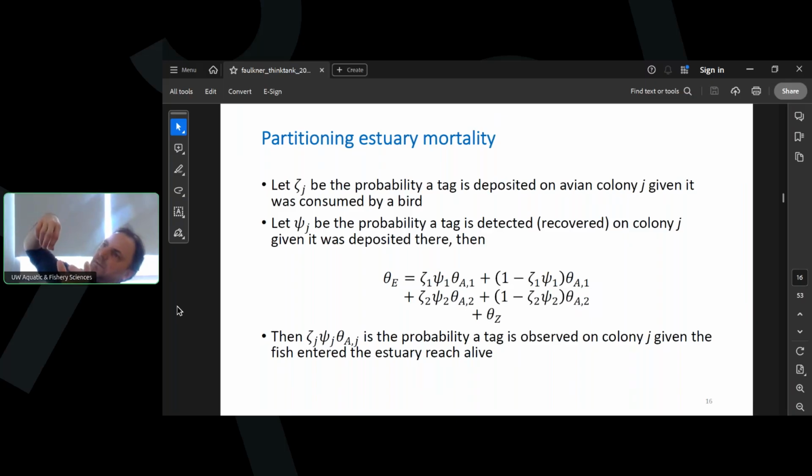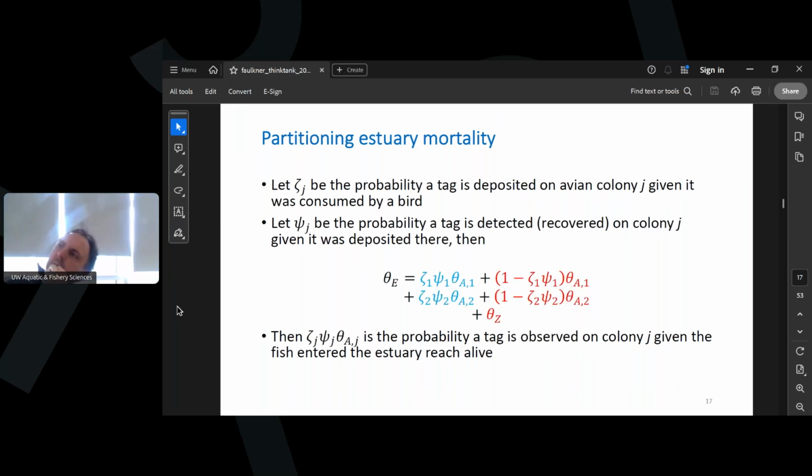That allows us to isolate the part that we can observe, right? So then that zeta times psi times theta is the probability that the tag is observed on the colony, given that that fish was alive when it entered the reach that we're describing this for.